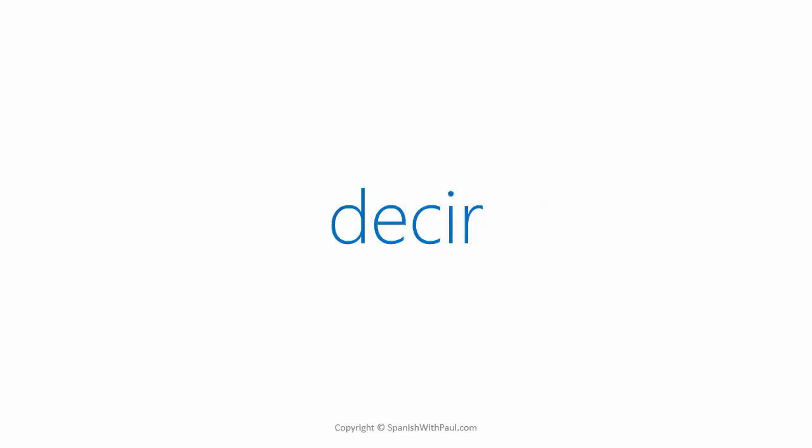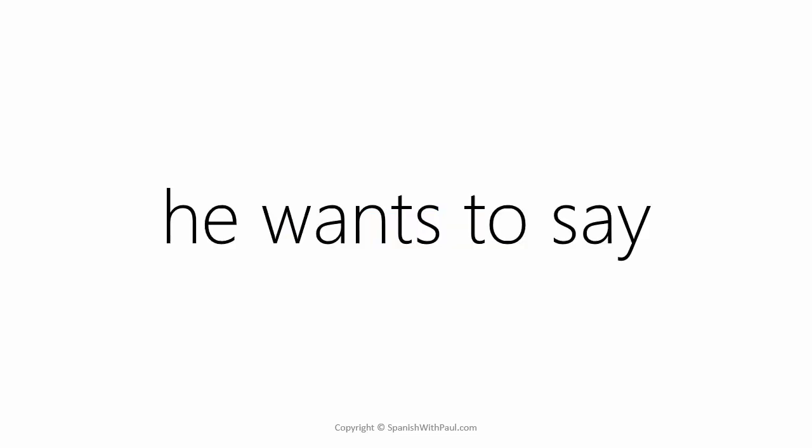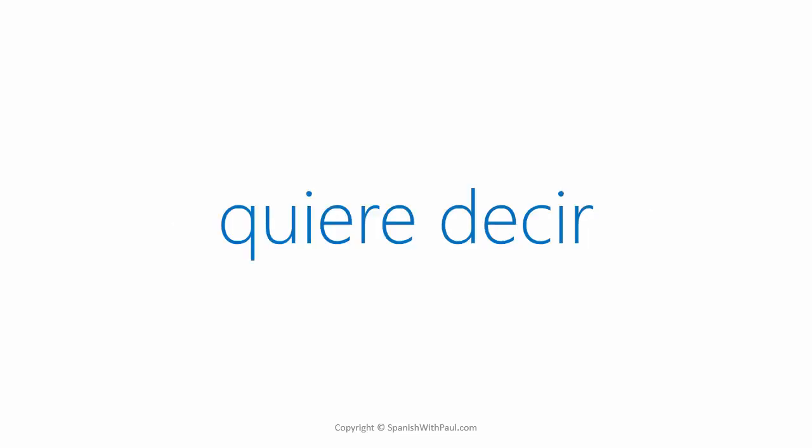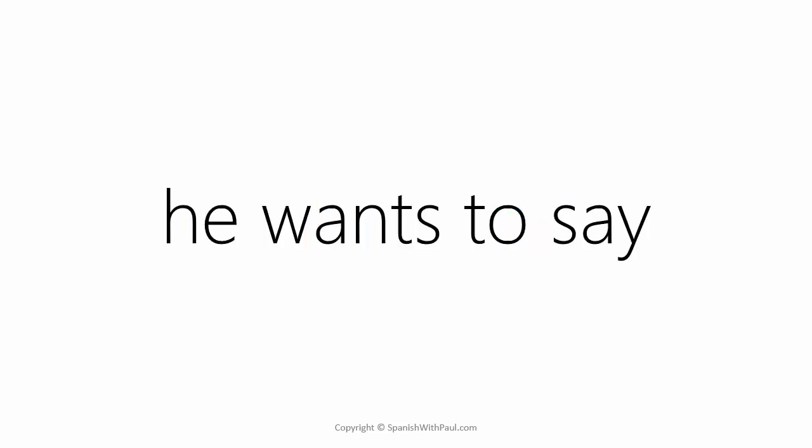Decir. So how would you express he wants to say? Quiere decir. The interesting thing is that while quiere decir has a literal meaning of he wants to say, in Spanish, it's really used for expressing he means. Let's try to use it.